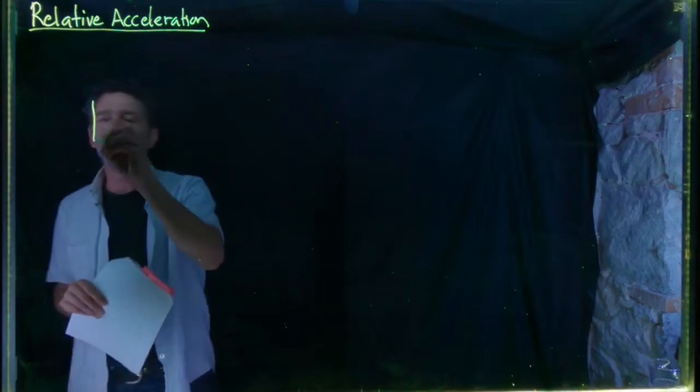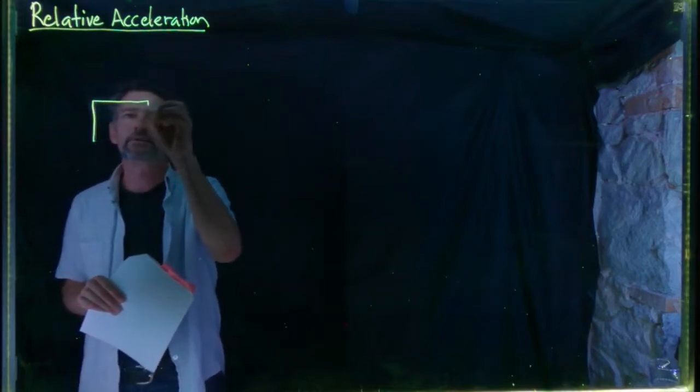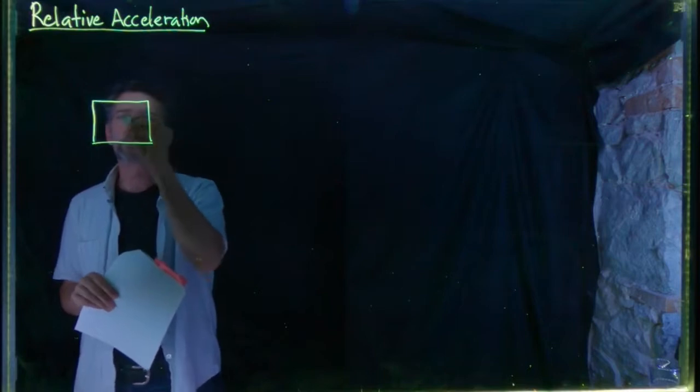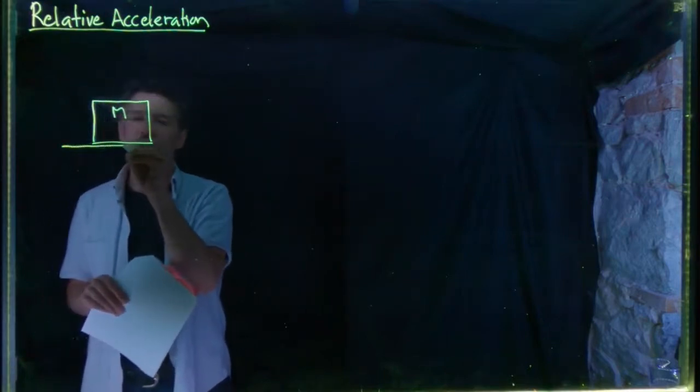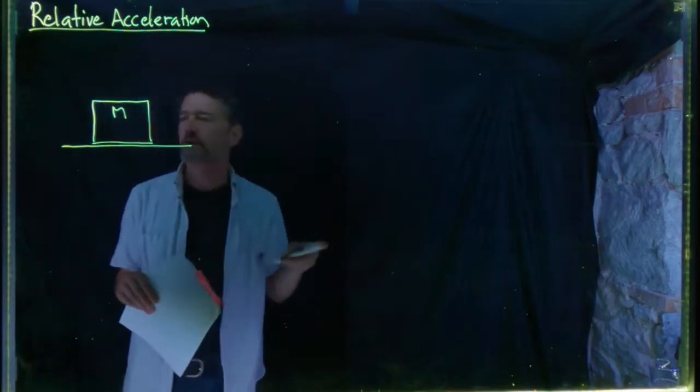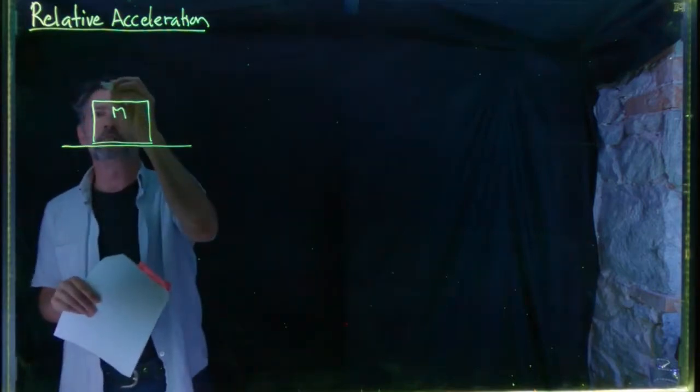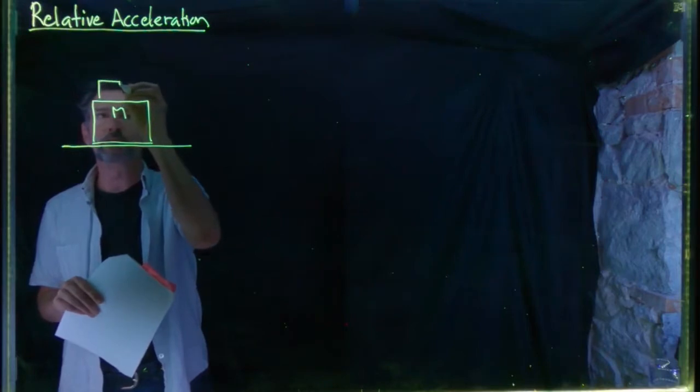So what we have is three blocks. The first is a large block, which has mass big M, sitting on a flat horizontal surface. Sitting on top of big M is a block of mass M2.